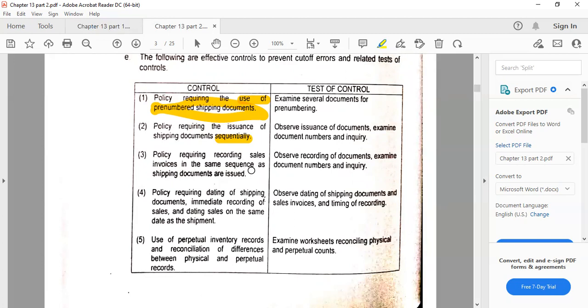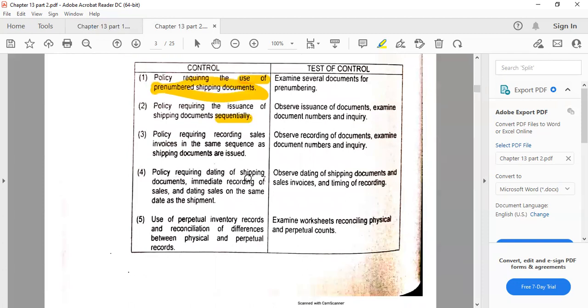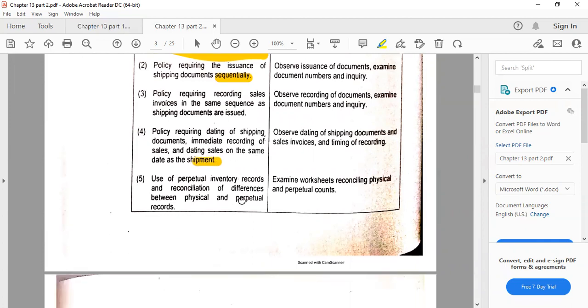Recording sales invoices in the same sequence as shipping documents are issued. So dapat kung unsa pagkasunod-sunod ang shipping, mausad pagkasunod-sunod ang atong invoices. Requiring dating of shipping documents, immediate recording of sales and dating sales on the same date as shipment para consistent ang iyang dates. Use of perpetual inventory records and reconciliation of differences between physical and perpetual records.